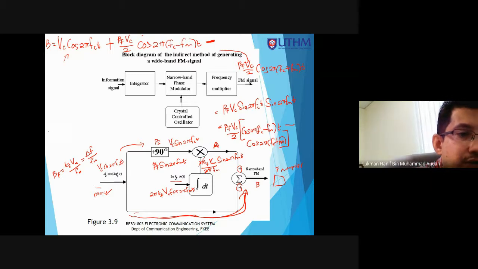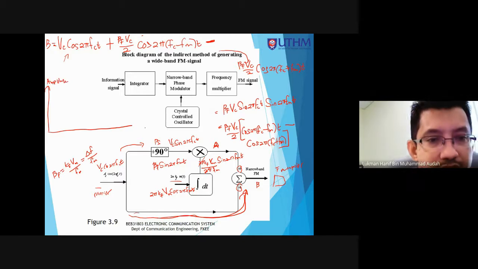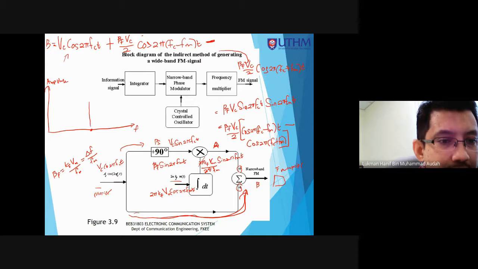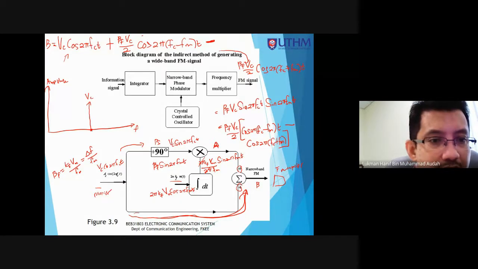And if we draw the spectrum, kalau kita lukis spektrumnya, this is amplitude versus frequency. So that means we're gonna have 3 components. Okay, akan ada 3 komponen di sini adalah VC. Okay, di sini adalah pada FC.